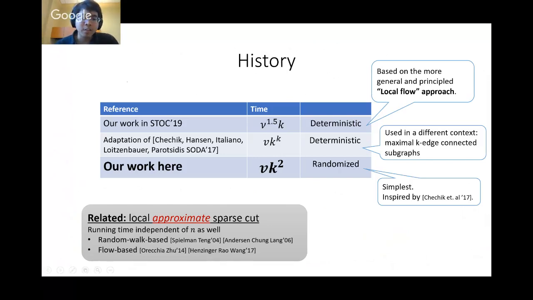This is an algorithm for finding an approximate sparse cut, like Nibble or PageRank algorithms, which were devised by Spielman and Teng and Andersen, Chung, and Lang, and also a flow-based one by Orecchia, Zhu, and Henzinger, Rao, and Wang. But I would like to stress that this is an approximate problem, and our problem is exact. It is about checking whether there is a cut of size k or not. Okay.